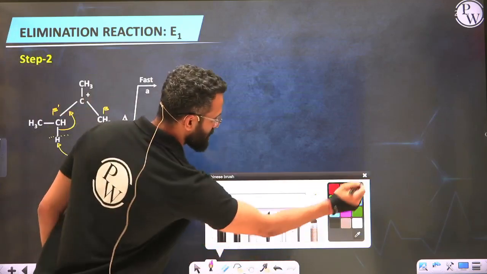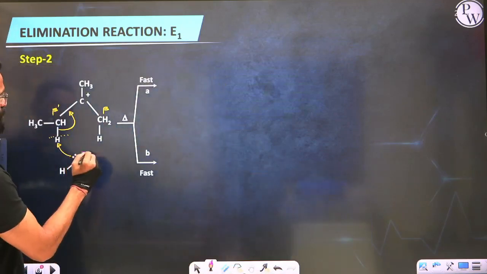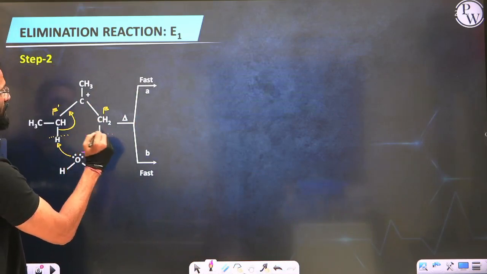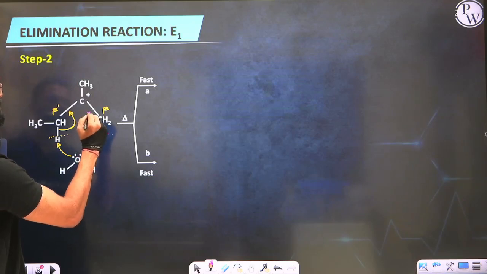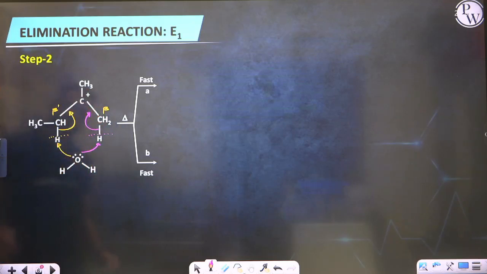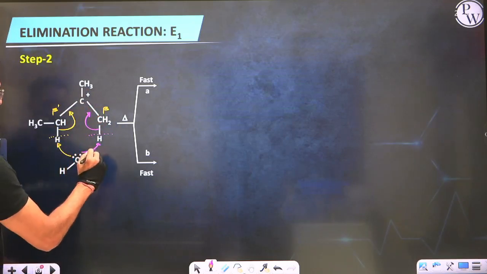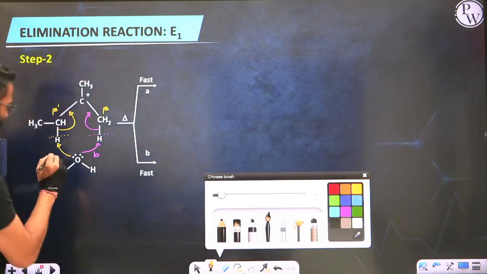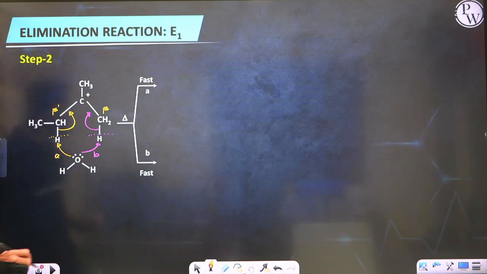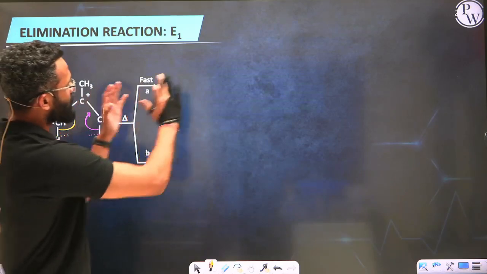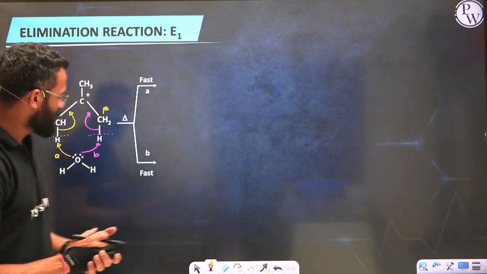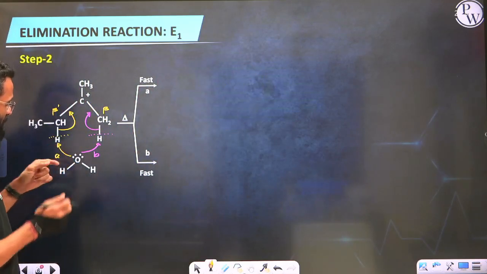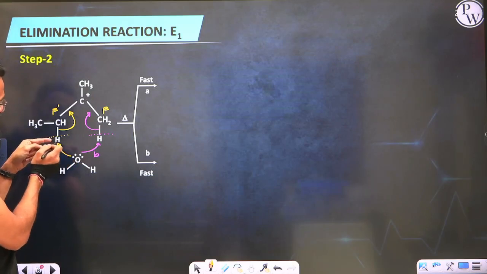Similarly, water can also abstract hydrogen from the beta carbon atom. If H plus is lost, this can shift further in between and you'll get formation of a double bond. Let's call this mechanism path B and this one path A. So if I have to write down the product according to path A, firstly when water will attack this hydrogen atom, there will be new bond formation between oxygen and hydrogen.